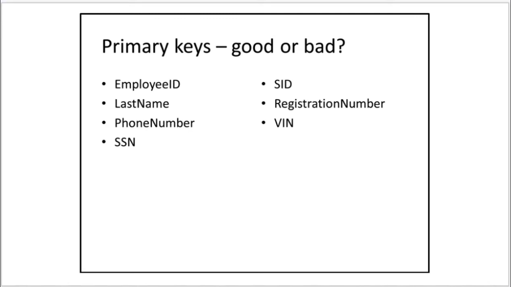Phone number, they get recycled, so that's not good. Social security number, privacy rules probably prohibit its use, and not everyone has one. The vehicle identification number, sad to say, but criminals who steal cars kind of obliterate them, so that's not good.